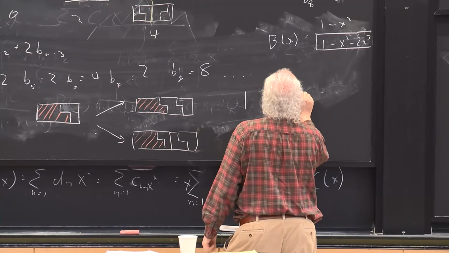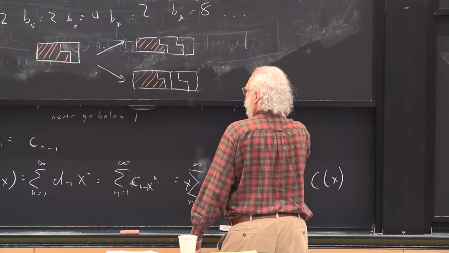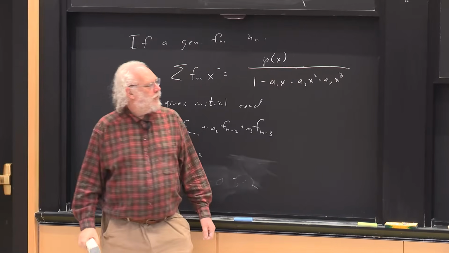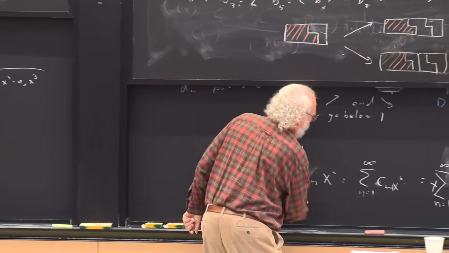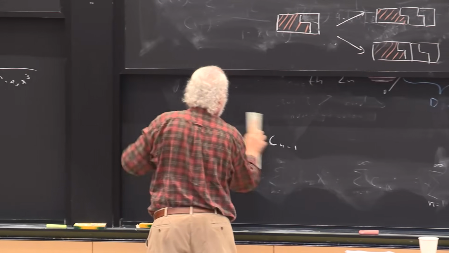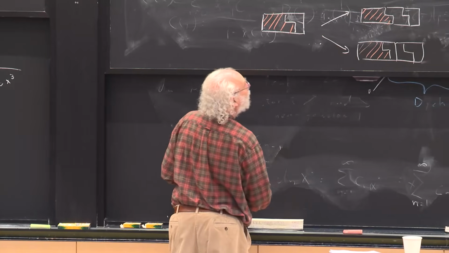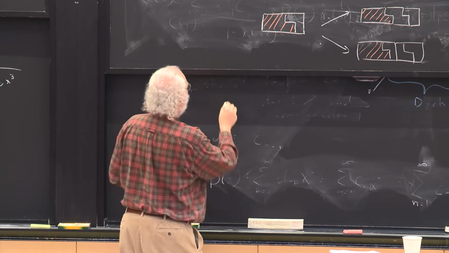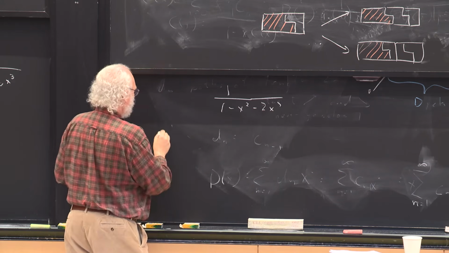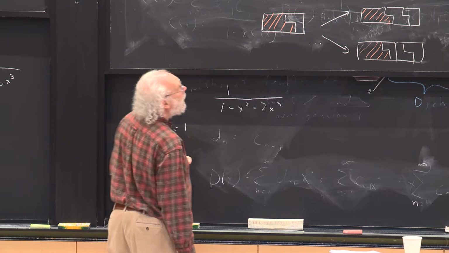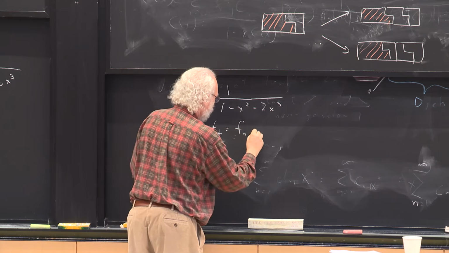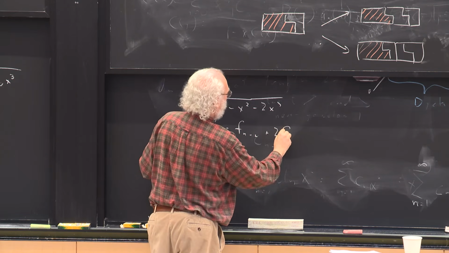We have b of x equals 1 minus x squared over 1 minus x squared minus 2x cubed. So 1 over 1 minus x squared minus 2x cubed would give you f0 equals 1, and f n equals f n minus 2 plus 2 f n minus 3.